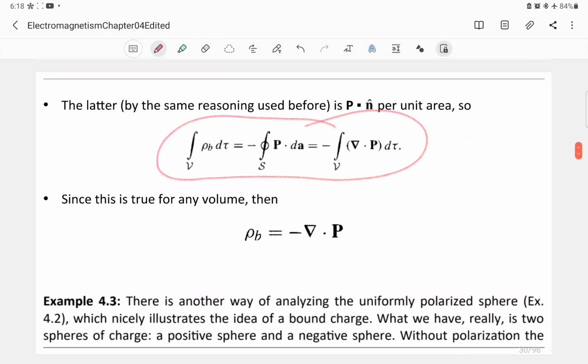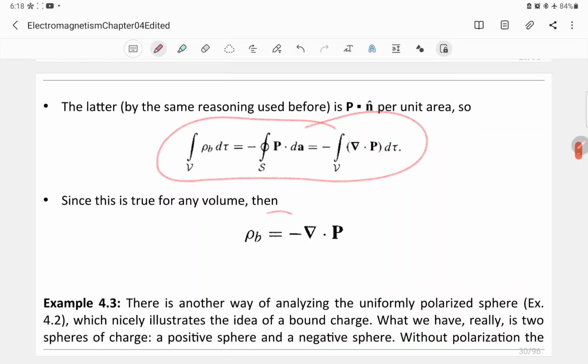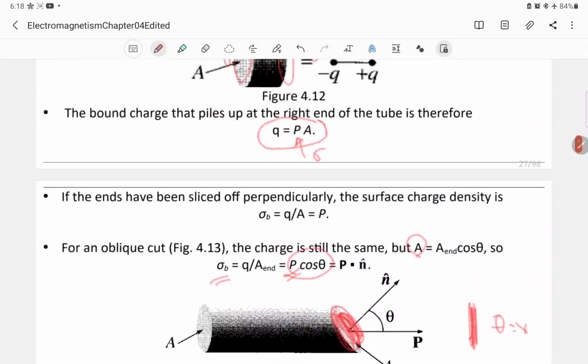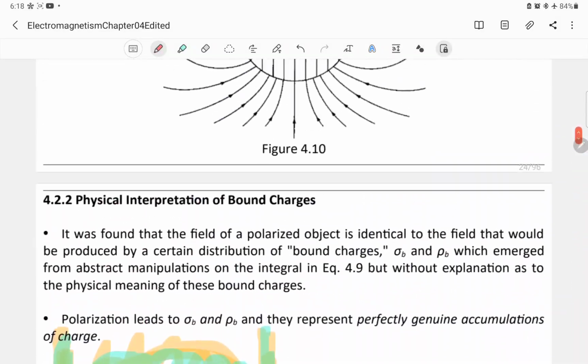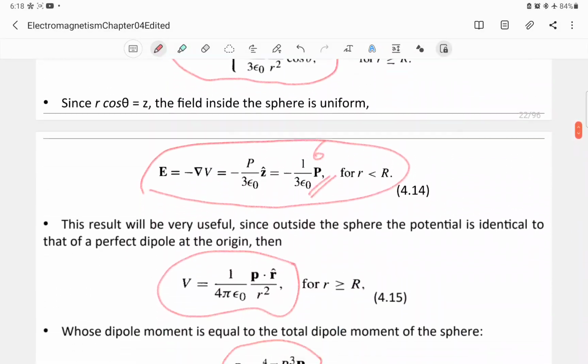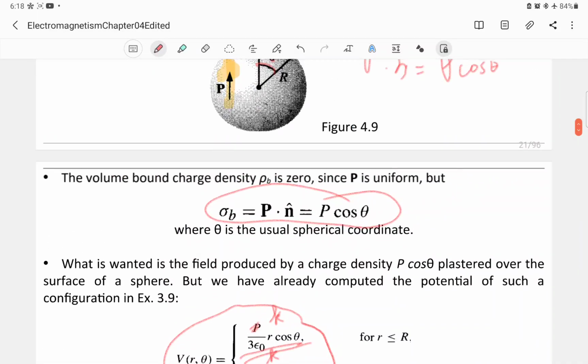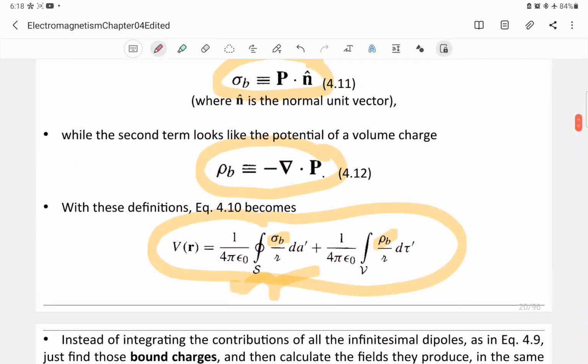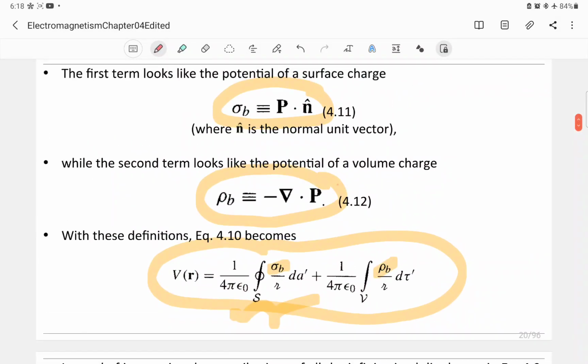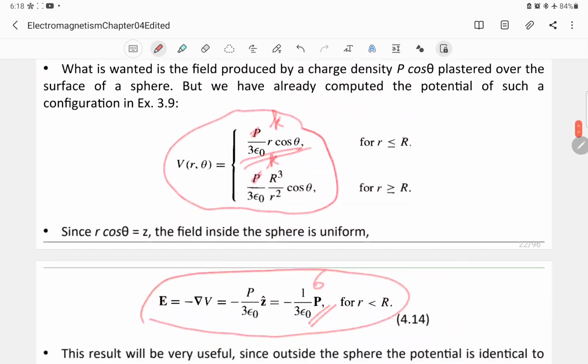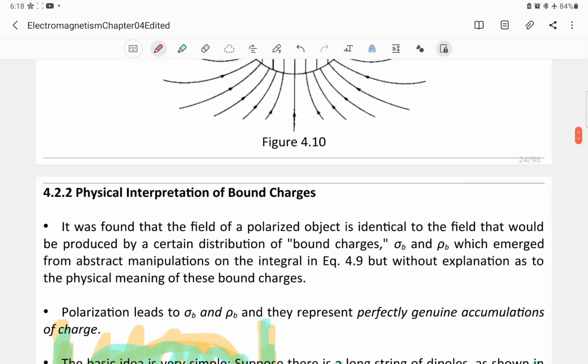So you have here, as given previously here. So that's it for bound charges.